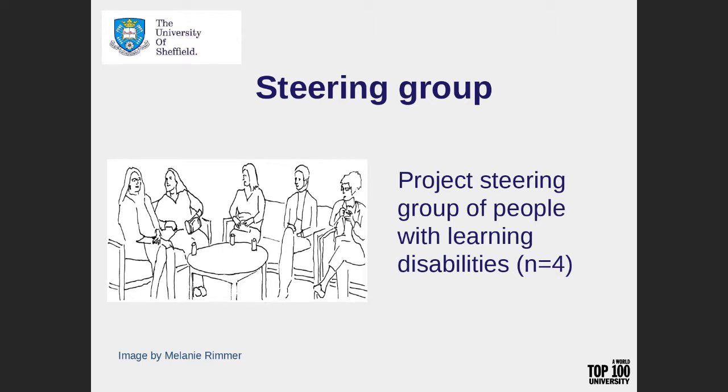I should say at this point, I was really fortunate in that my research associate, Melanie Rimmer, was a very, very good artist, and so she was able to actually draw the illustrations as people were talking about them, and to make changes to them with the steering group. So again, they were there in front of us. You weren't having to imagine what things were going to look like. She was able to sketch them quickly during meetings.